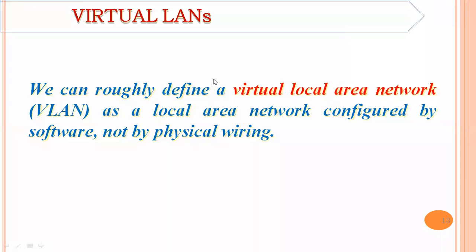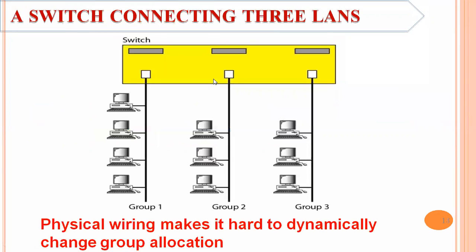Basically, Wireshark software is used to create the virtual local area network. First of all, that LAN will be implemented over Wireshark, and there are many tools, like network simulator, MATLAB, Wireshark, that are used to create virtual local area networks. And then the network is configured rather than going directly by the physical wiring.